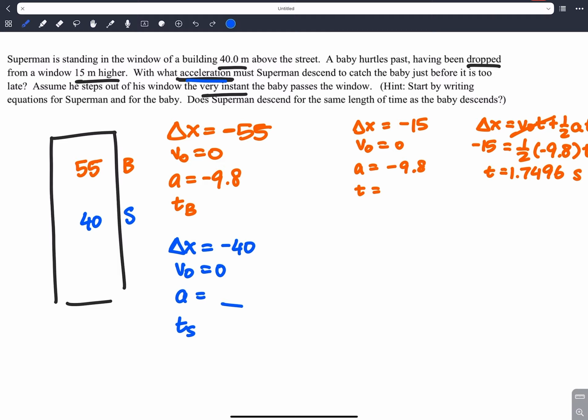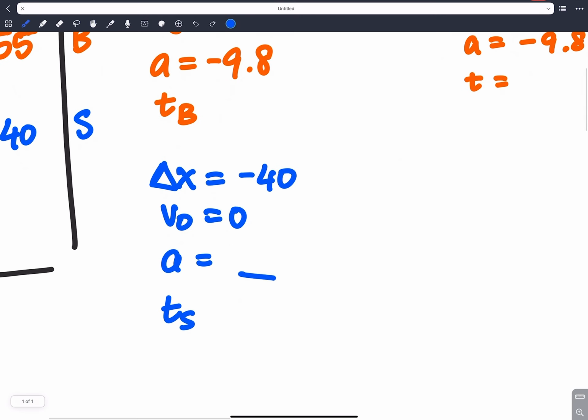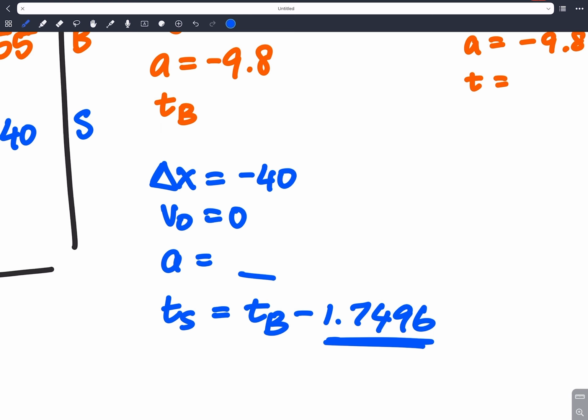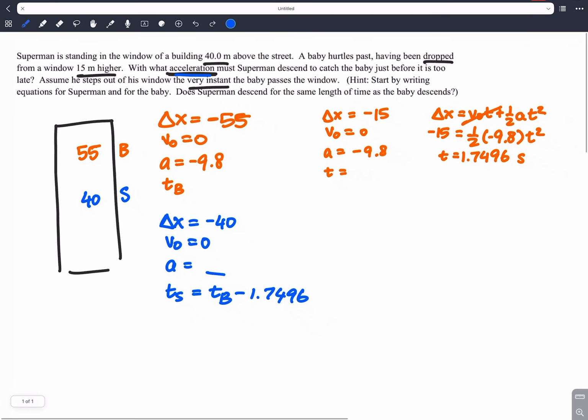Therefore, the time for Superman is going to be the time for baby minus 1.7496, because Superman is just going to travel for this much less. The time for both of them is not going to be the same, because the baby has already started moving, and has already moved 15 meters when Superman starts out.